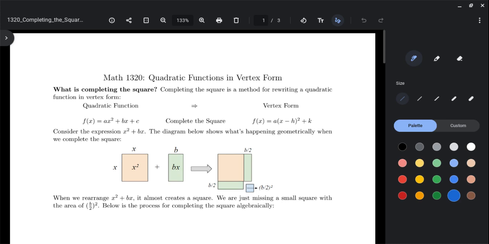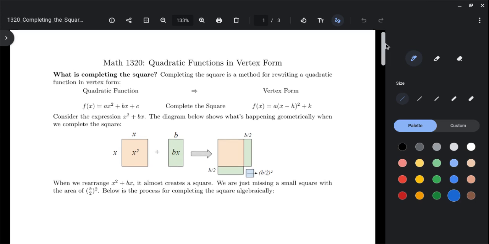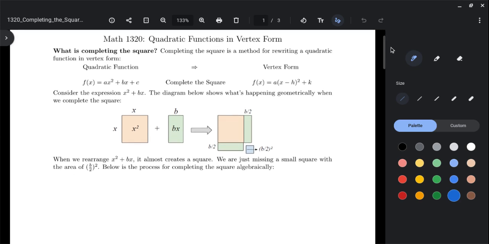And so to demonstrate what completing the square means, I have a diagram here for us. In this diagram, we're only considering the expression x squared plus bx, so the first two terms of our standard form quadratic function. I can represent x squared by the x by x box or square. And for the term bx, I can represent that with a rectangle that has a width of b and a length of x.